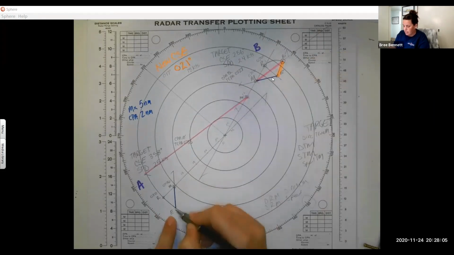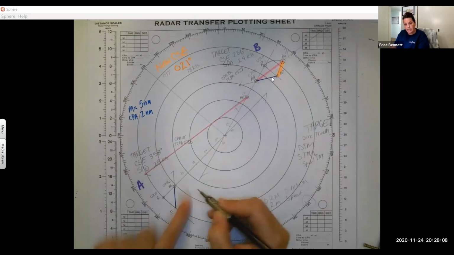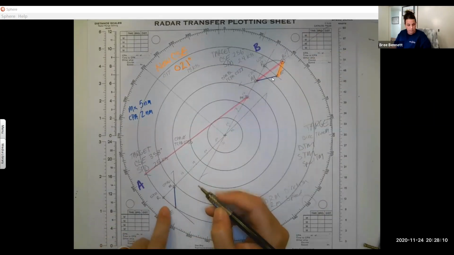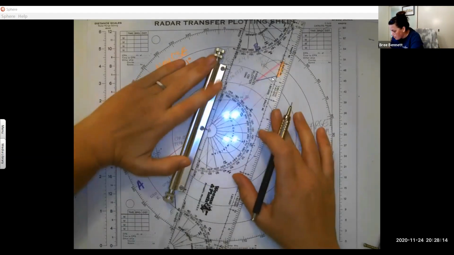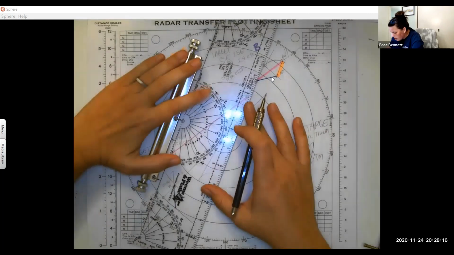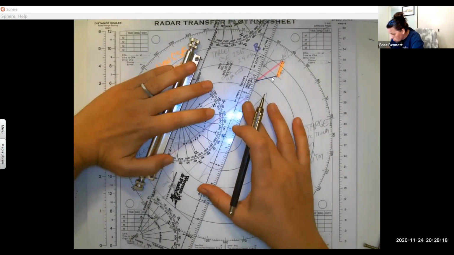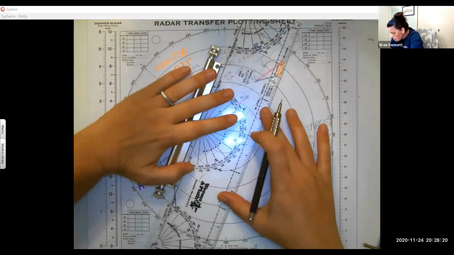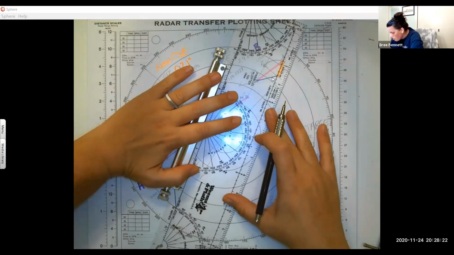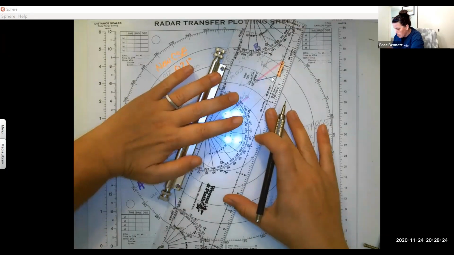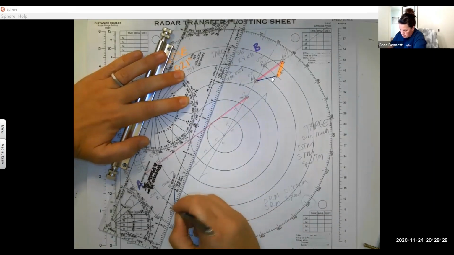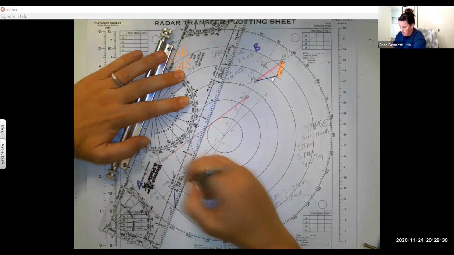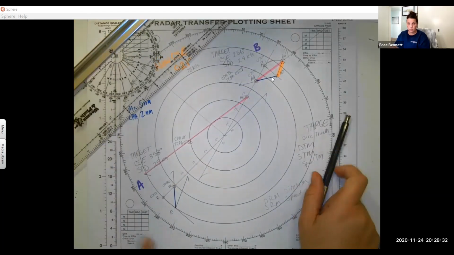I want to make E to R prime exactly over on this triangle. So I'm going to get my plotter. There's E to R prime. So I just created the line.